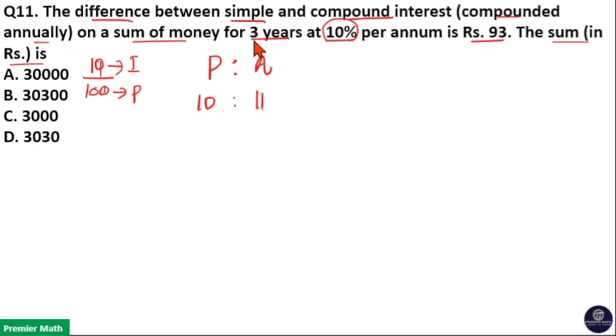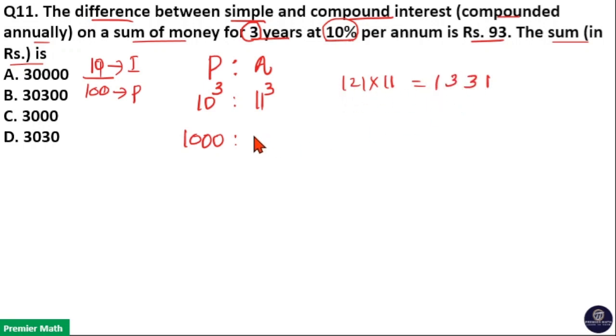Now number of years is equal to 3 years. So take the cube of 10 parts and 11 parts. Now 10 cube is equal to 1000 and 11 cube is equal to 11 square into 11, that is 121 into 11. 121 into 11 is equal to 1331.